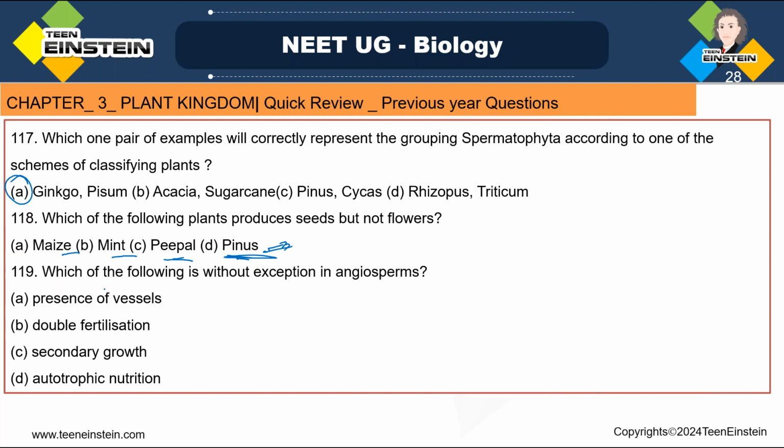Next question is, which of the following is without exception in angiosperms? Presence of vessels, double fertilization, secondary growth, autotrophic nutrition.